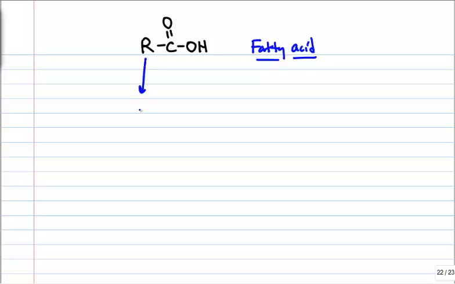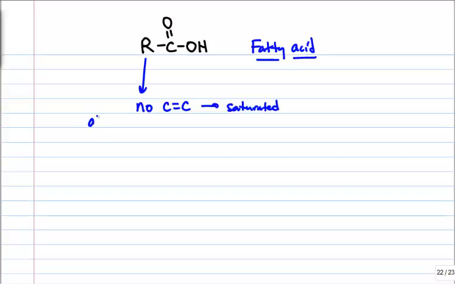If R has no carbon-carbon double bonds, then the fatty acid is said to be saturated. And of course, I think you've all heard the term saturated fat. Well, that's going to really pertain to triglycerides or triacylglycerols, but they're made of fatty acids. So that's going to be a very important thing we're going to discuss later on.